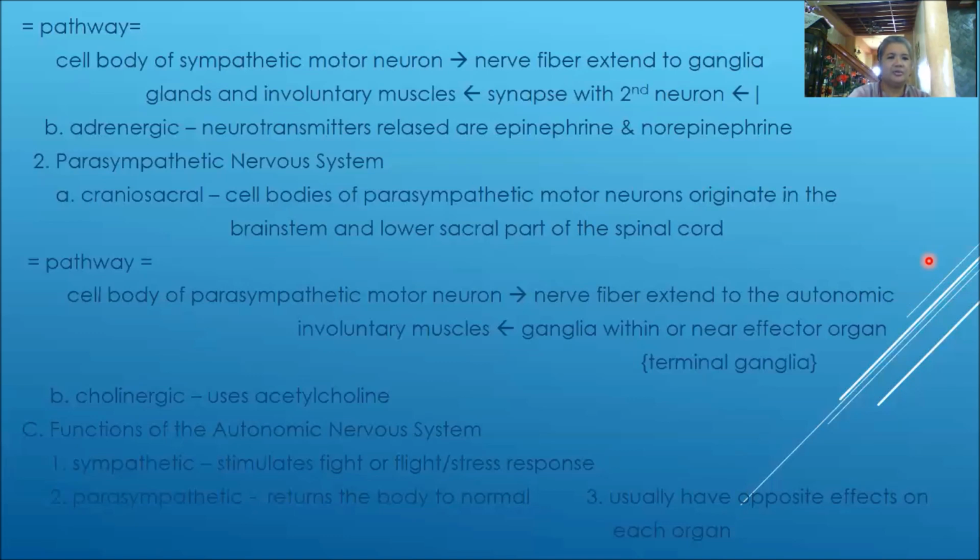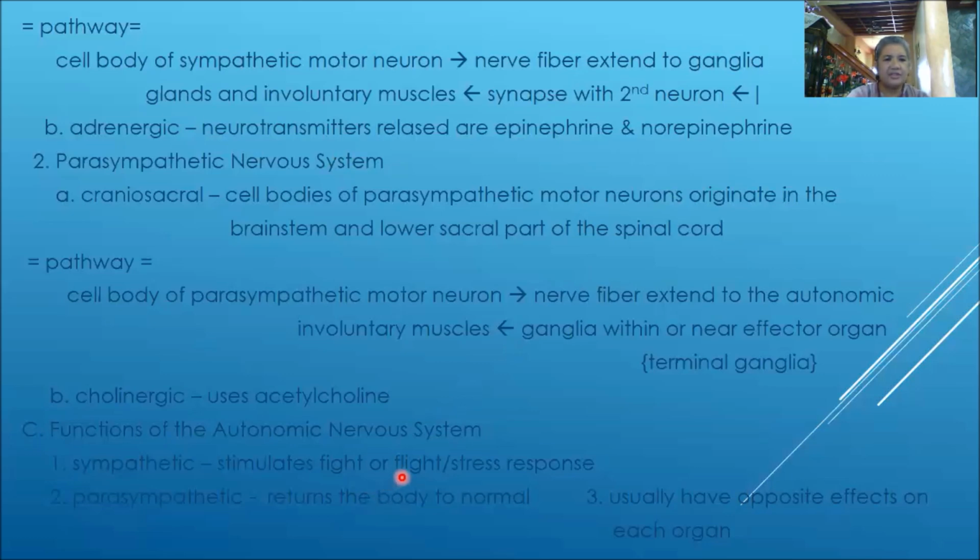Then it will go to the involuntary muscles. Here, the transmitter is cholinergic, so it uses acetylcholine. While your sympathetic, the transmitter is adrenergic and uses epinephrine and norepinephrine.